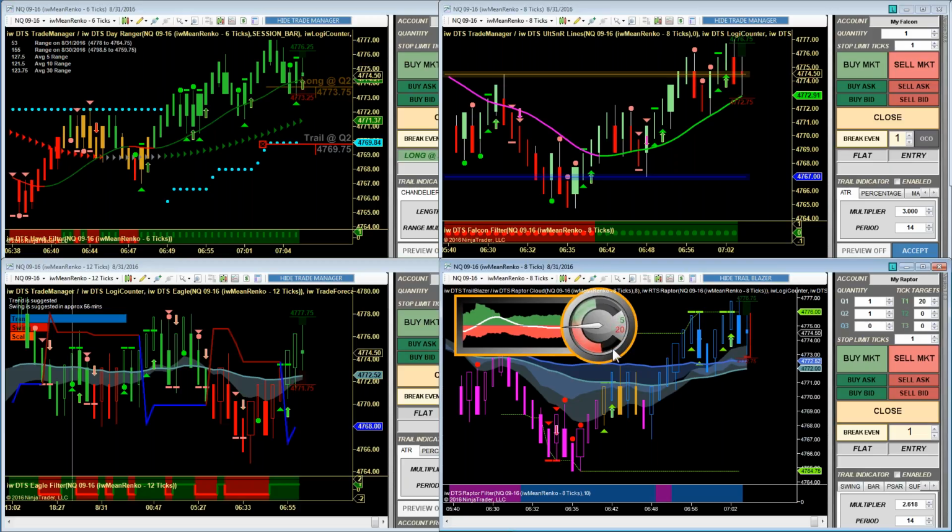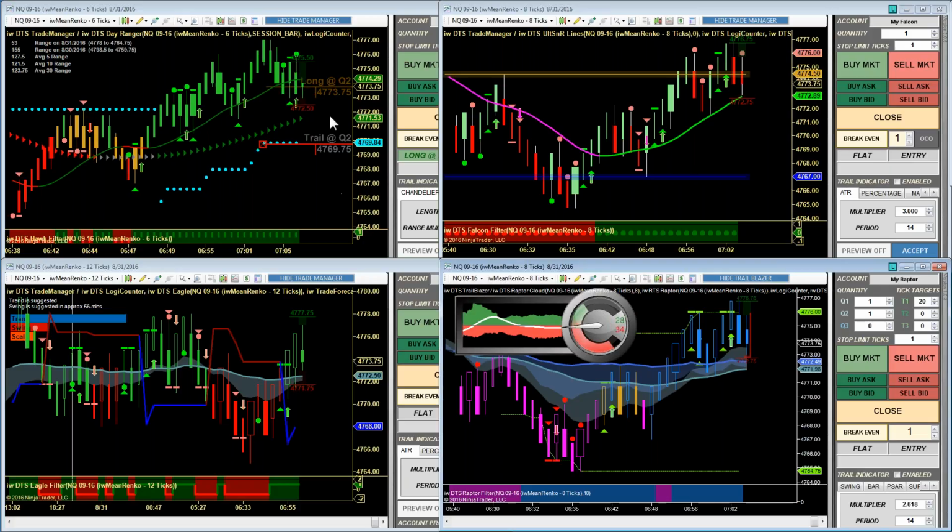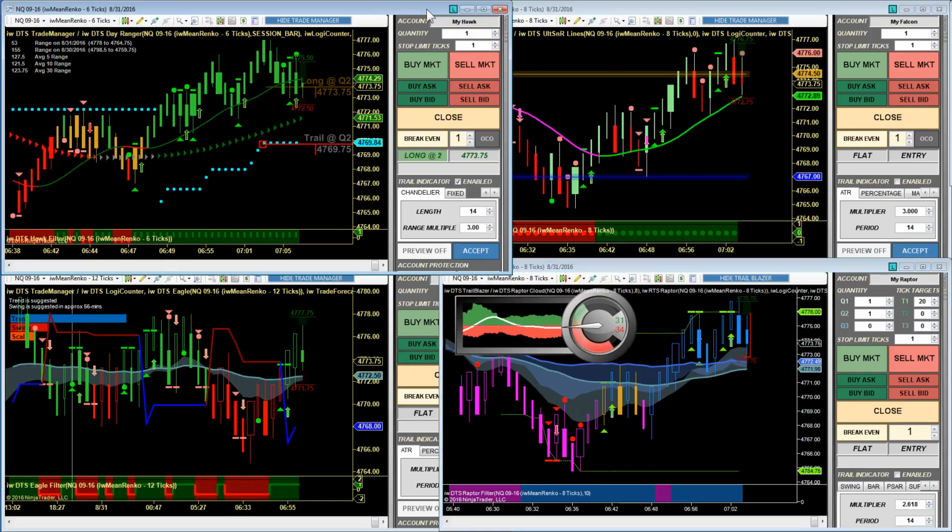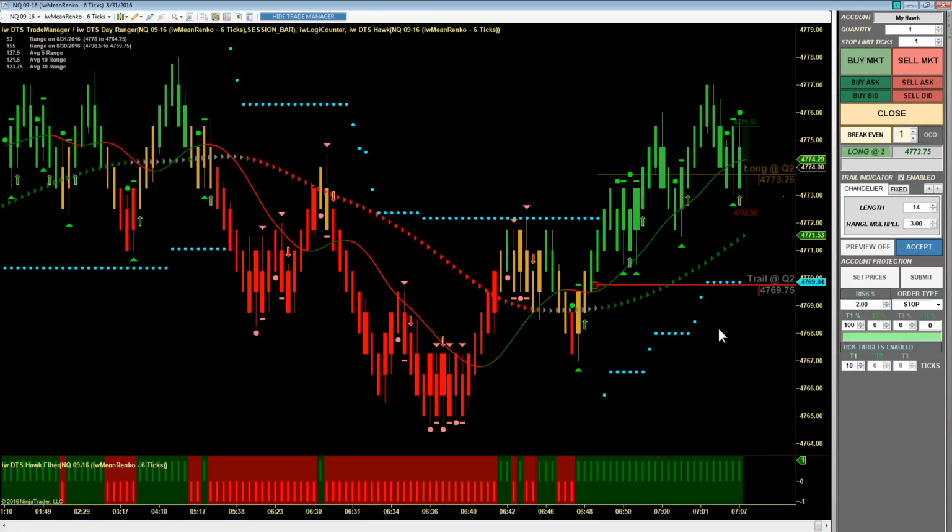Oh, just see how it was sticking there to the short side. You may get a little bit of a downtick here. And here they come. So we'll see how deep they can actually retrace.